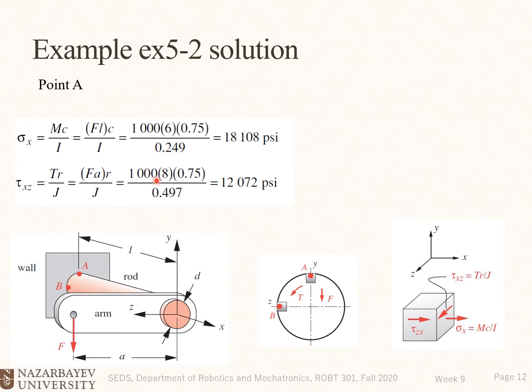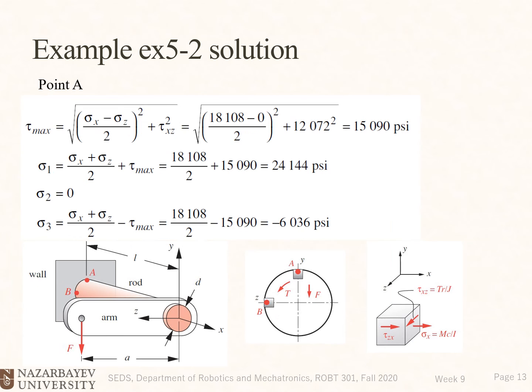These are exactly similar to the previous example, and you could see the stress element for point A. Now you could use the Mohr circle to calculate the principal normal stresses and principal shear stress, again similar to the previous example.